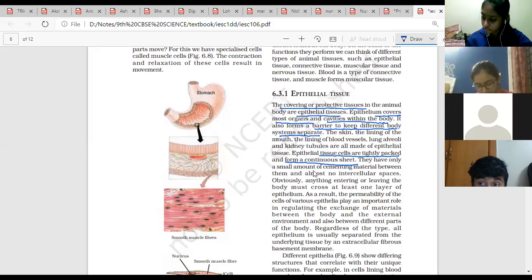They have only a small amount of cementing material between them, and almost no intercellular spaces, because they have to separate everything from each other. Anything entering or leaving the body must cross at least one epithelium, because the outer covering of every organ is made up of epithelial tissues. Just like moving from one room to another room, what do you have to cross?